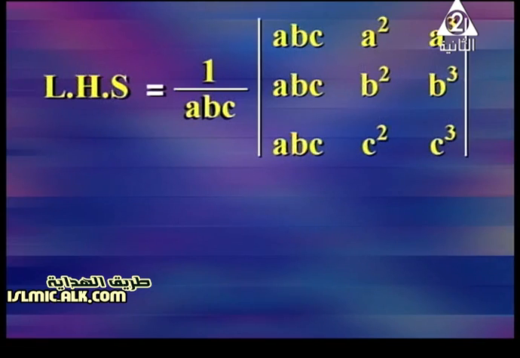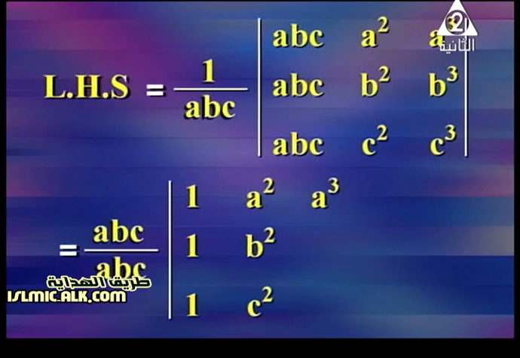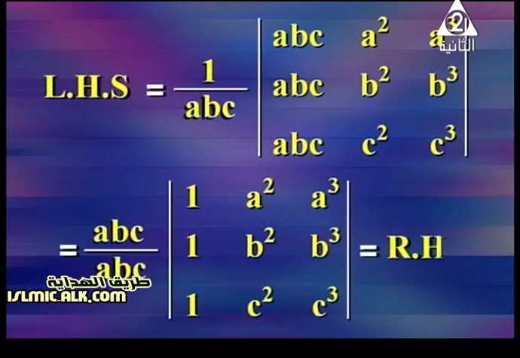Taking abc out as common factor, the left hand side equals abc over abc multiplied by the determinant with first column 1, 1, 1, second column a squared, b squared, c squared, third column a power 3, b power 3, c power 3. This equals the right hand side, because abc over abc equals 1.